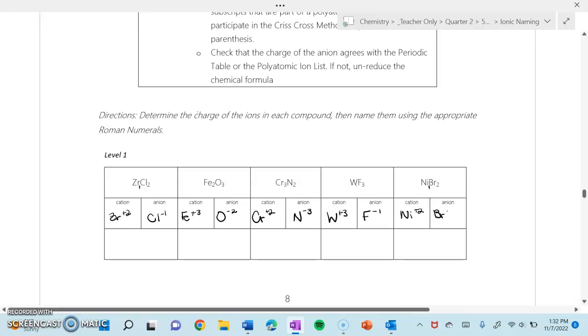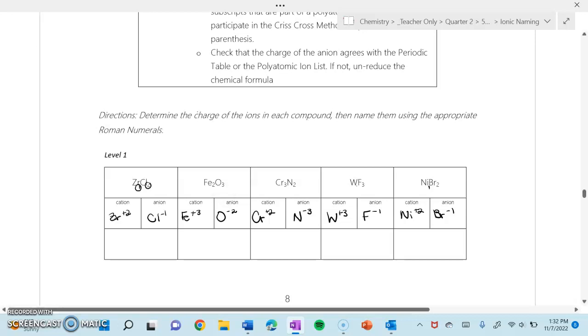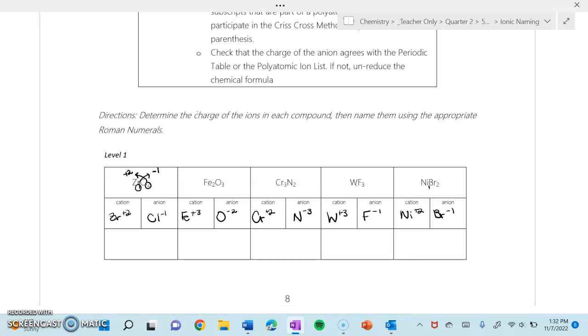Okay, so again, if you are feeling a little lost, remember, take your subscripts and pull them back to charge. So the 2 is going to become the cation charge, and the 1 is going to become the anion charge. Okay? And you know positive and negative because cations are always positive and anions are always negative. We'll do that for every single one of these.